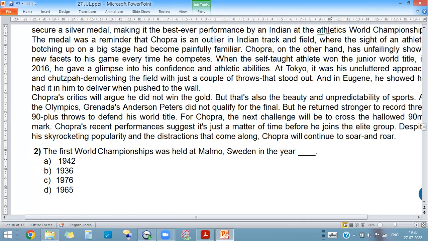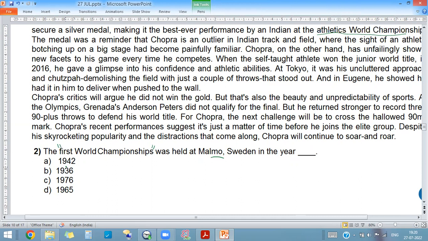The Athletics World Championships came about much later in 1983. I will show you some more details about that in a few minutes, but this preceded that. The first one was held at Malmo in Sweden in the year, and this is factual information. If you know it, you know it. If you don't know it, no matter how much you guess, you're not going to get the answer.